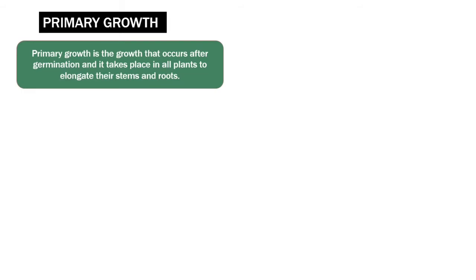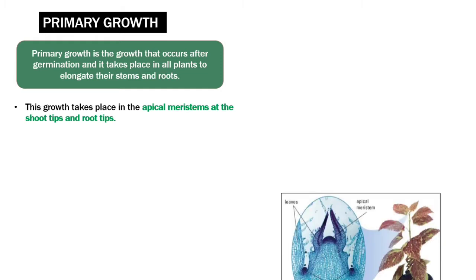So let's discuss more about the growth, the primary growth. Primary growth is the process of growth that occurs after germination, and it takes place in all plants to elongate their stem and roots. This growth takes place in the apical meristem at the shoot tip and root tips.